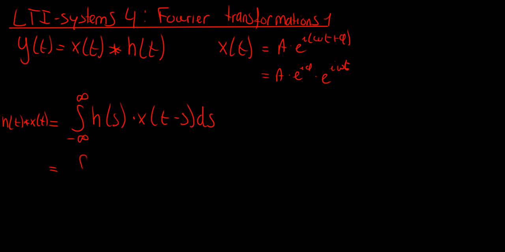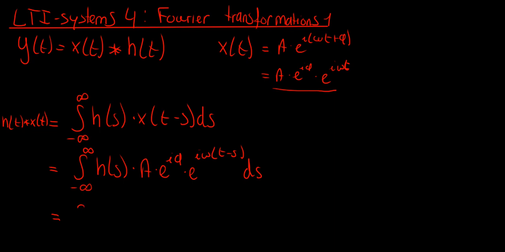This is equal, if we fill in our generic function, the form that our input must have, to a multiplied with e to the power i phi, multiplied with e to the power i omega times t minus s, ds.